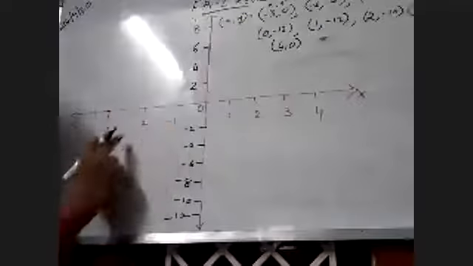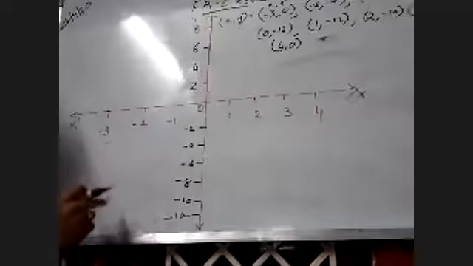Okay. Next, second one, what is there? -2, -6. So this is the x value, this is the y value. X value is -2. Y value is -6.